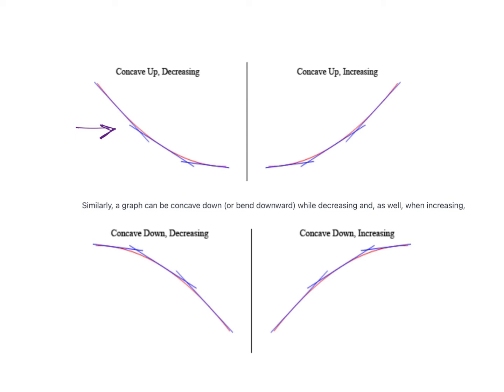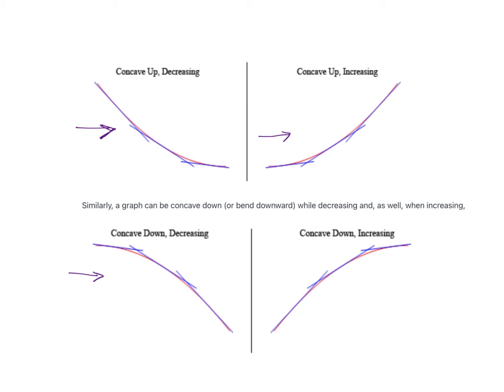In the second graph, on the top right, we have concave up still. Notice it's curved upward. But this graph is increasing, isn't it? If we read it from left to right, it's going uphill. So it's concave up and increasing. The third graph, on the bottom left, is curved downward, so that's concave down, and that graph is decreasing, so concave down and decreasing.